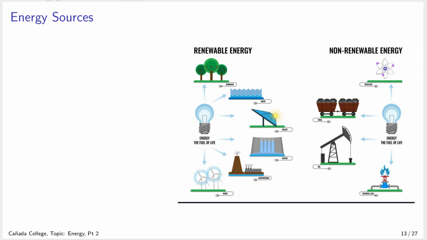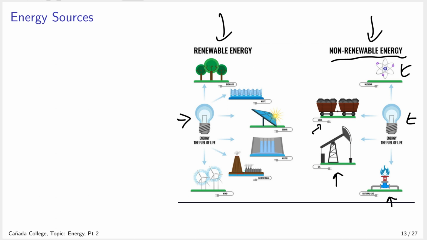So to understand that, we need to understand where our energy comes from. If you think about lighting a bulb at home, this bulb can be lit by two types of energies. The first one is the non-renewable energy. For example, you can burn coal, oil, gas, or get nuclear power that eventually transforms into electricity that comes to your home to light up this bulb.